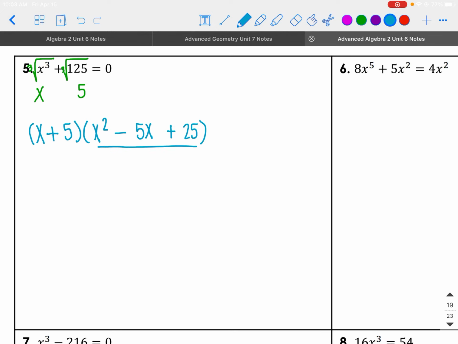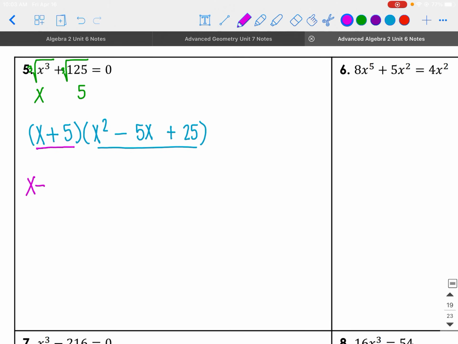Whenever you do sum of cubes or difference of cubes, that trinomial right here probably isn't going to factor down at all. And so that means we're always going to have to do quadratic formula with the sum or difference of cubes. But this x plus 5, that one's easy. Subtract 5, we get x equals -5.